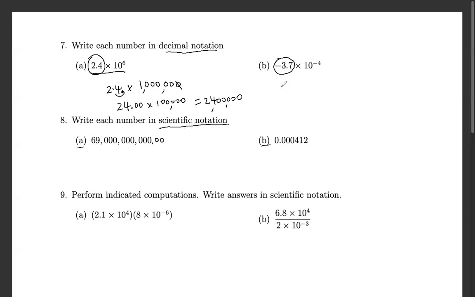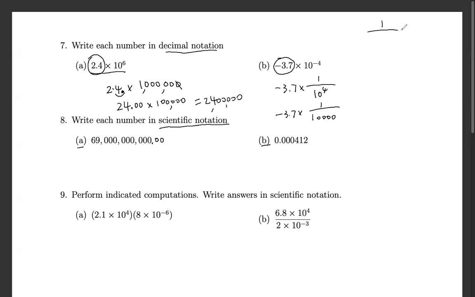Let's say B. B is negative 3.7 multiplied by 10 raised to a negative exponent. Negative exponent means 1 over 10 raised to 4. 10 raised to 4 is 1 followed by 4 zeros.